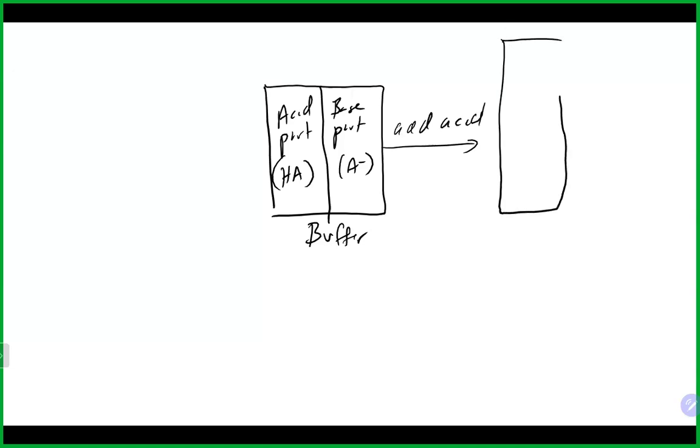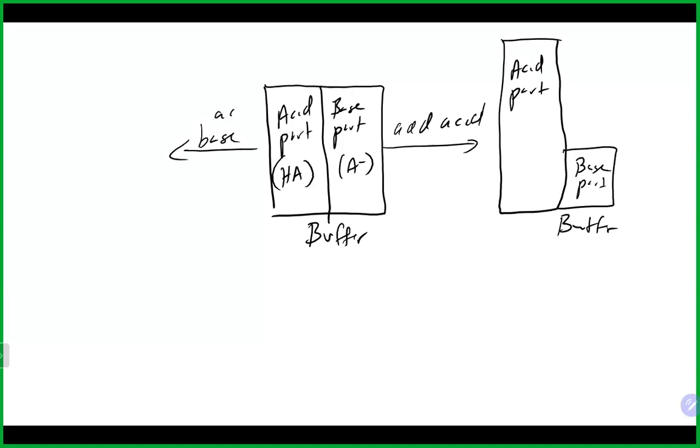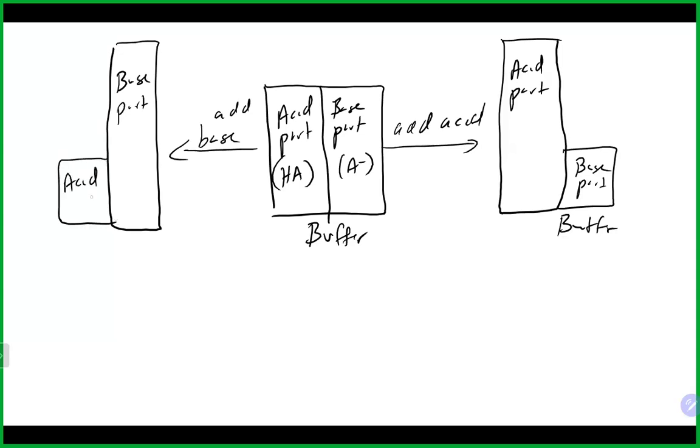So your acid part of your buffer will increase, and your base part of your buffer will decrease. And if you add some base to this buffer, it will react with the acid part, and the base part of the buffer will increase and the acid part here will decrease.